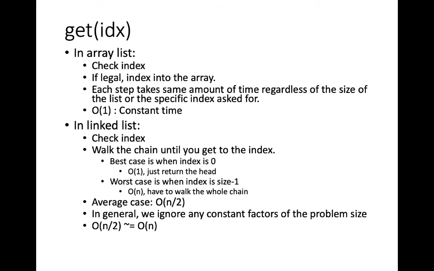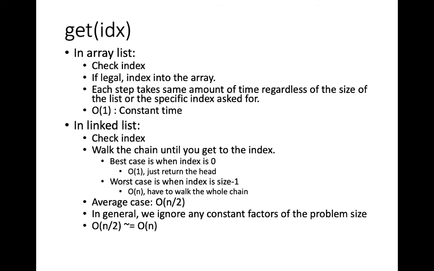You have to walk the whole list, right? So when the operation might take a different amount of time, depending on which element you're working with, what we do with big O analysis is calculate the average amount of time. Given that I don't know which index you want, sometimes it's 0, sometimes it's n-1, sometimes it's 4, sometimes it's n divided by 2, whatever.